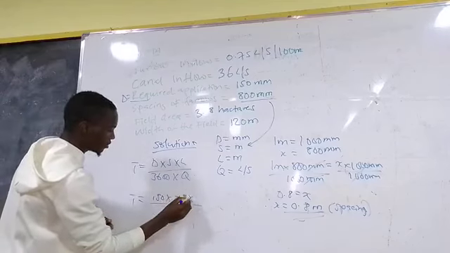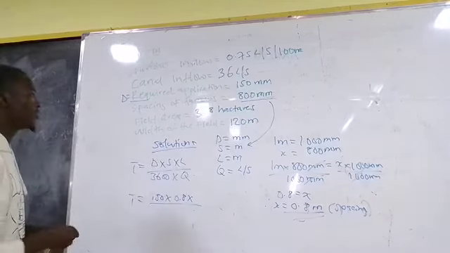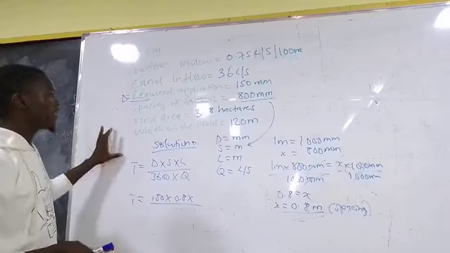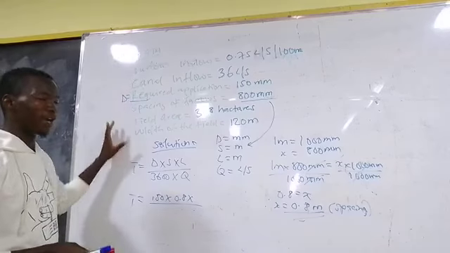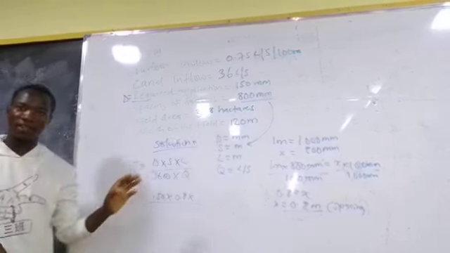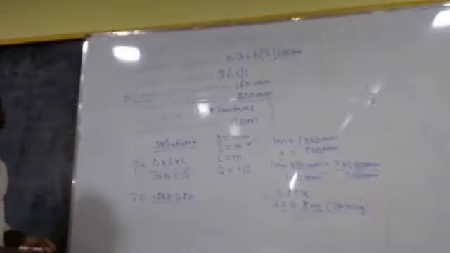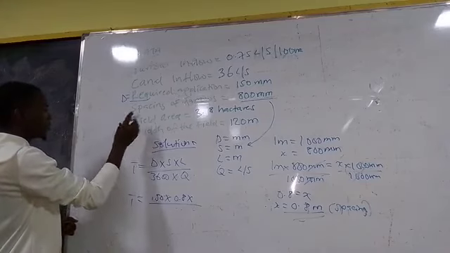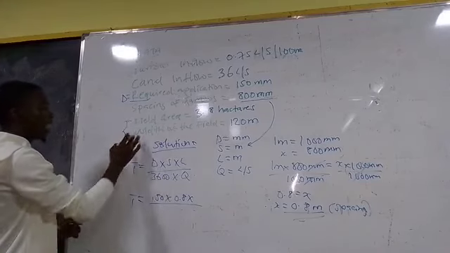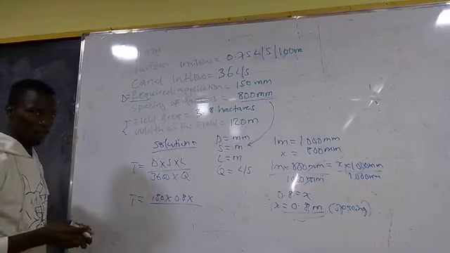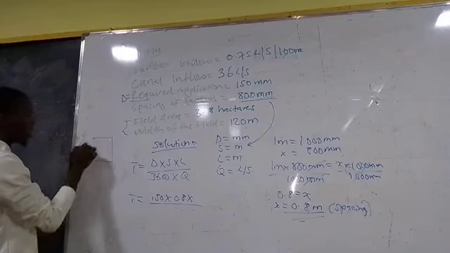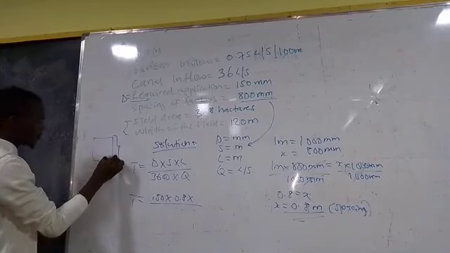So our spacing here is 0.8. Now, let's find the length of the field. Remember, we are not given the length in our calculations, so we have to find it. But where do we get the length? We are going to get the length from these two values, the field area and the width of the field.